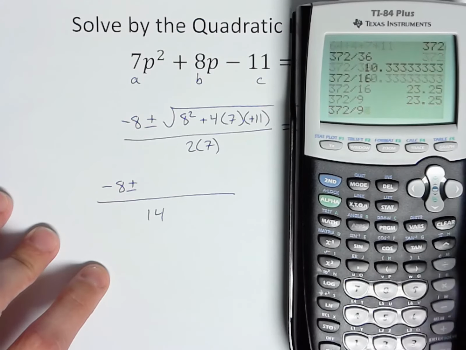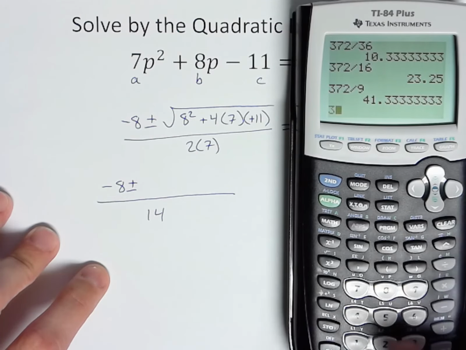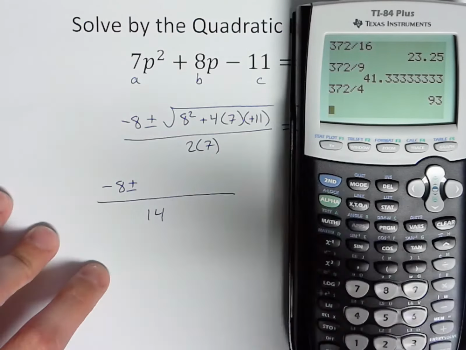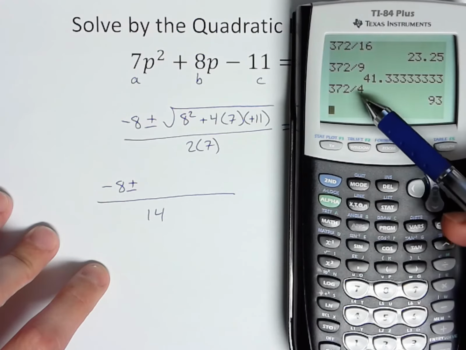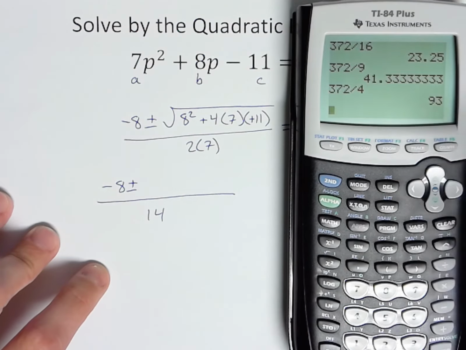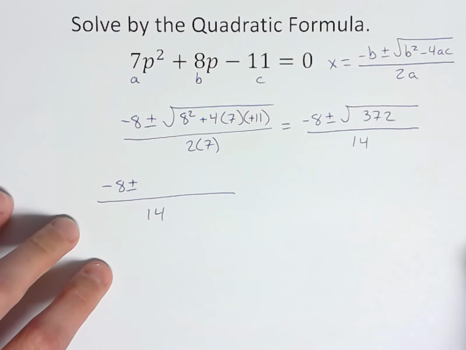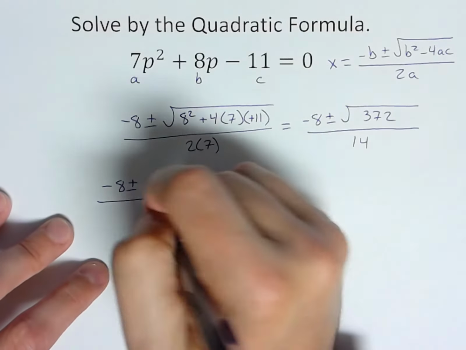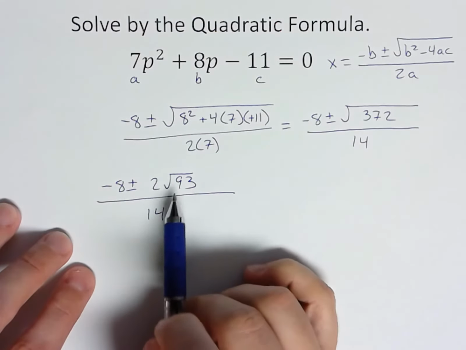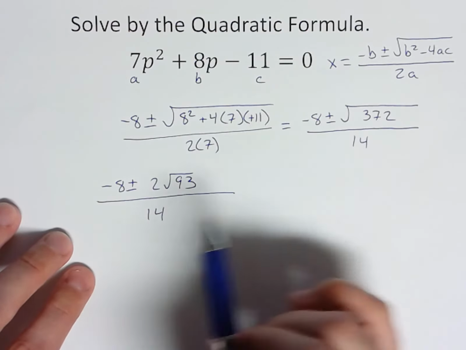Divided by 9. Not working for me. 372 divided by 4. Okay, well, I started too big. I thought maybe we'd get a bigger one to come out. So 93. So 4 will go into it. 93 I don't think is going to simplify. And so we could write that as 2 root 93. So 4 times 93 again is 372.